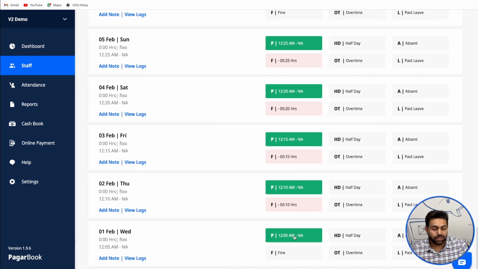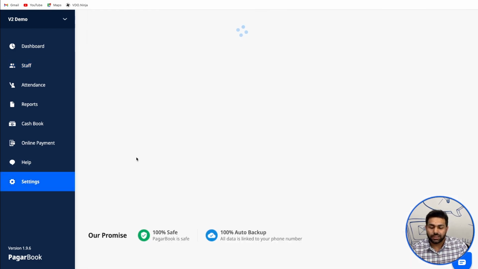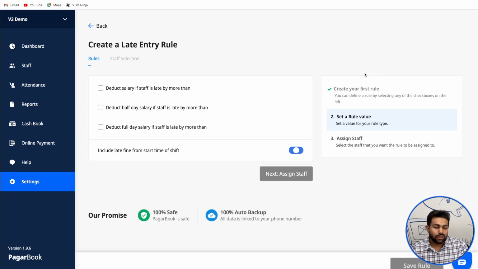So let's suppose he was late for 5 minutes or 10 minutes. So we deducted the exact same amount, 10 minutes, 15 minutes, then 15 minutes, 20 minutes, then 20 minutes. No grace period was deducted. But now let's do the toggle off. So now what happens?